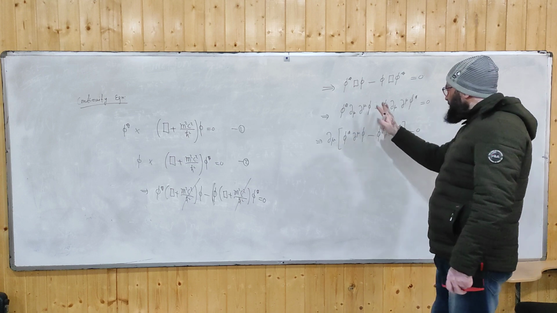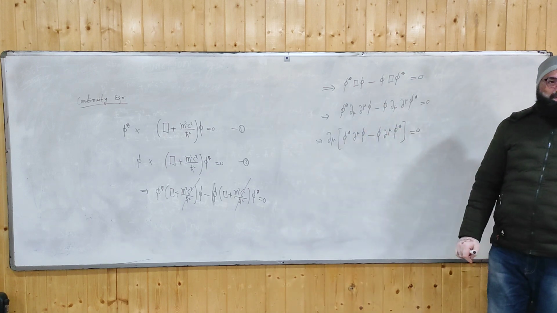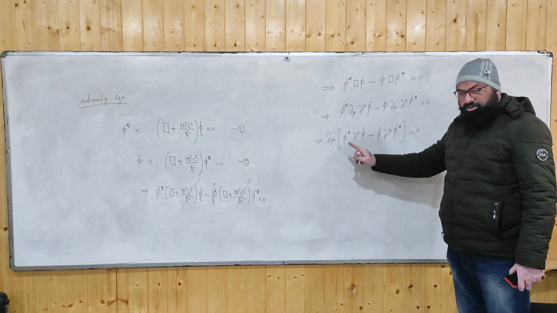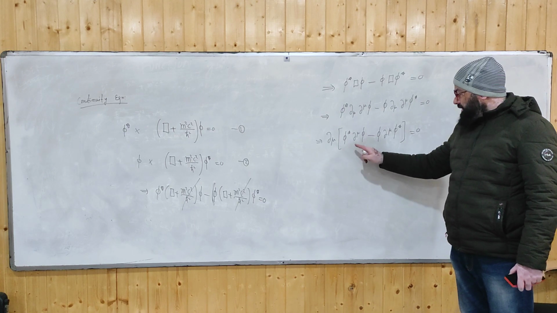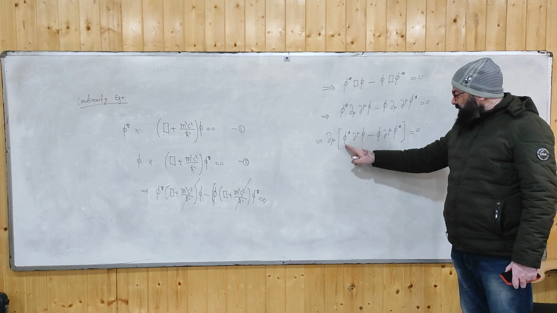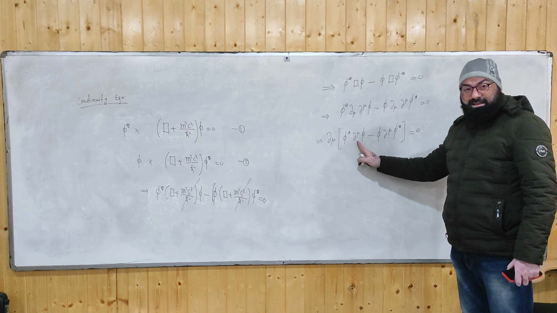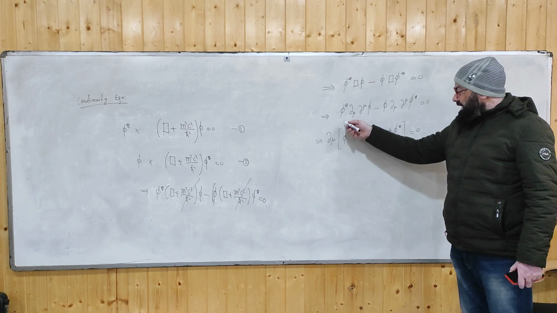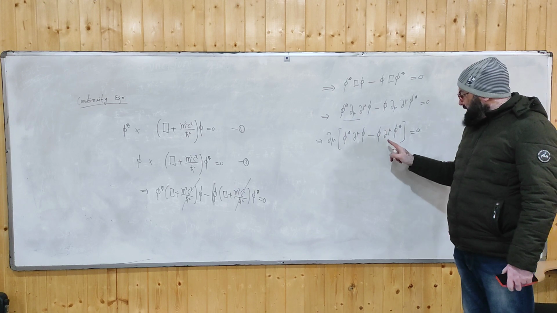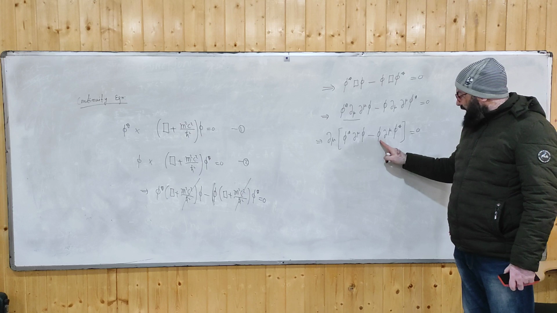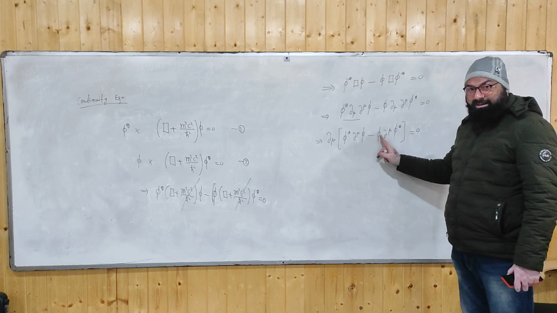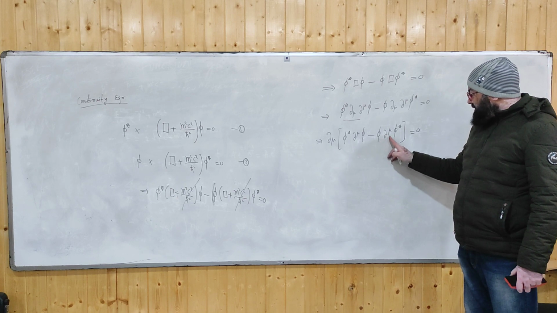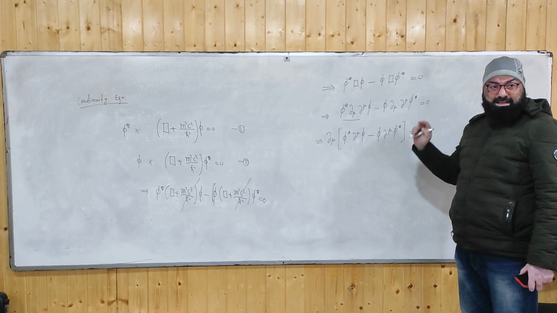I can write this equation in this form. Now let's check it by doing the differentiation by the product rule. You have partial mu phi star partial mu phi plus phi star partial mu partial mu phi, and in the other term you have partial mu phi partial mu phi star with a minus sign, which cancels with the first term, and then you have phi partial mu partial mu phi star.